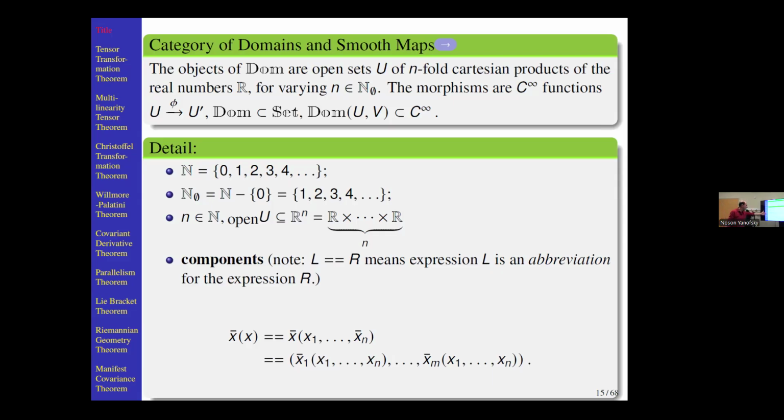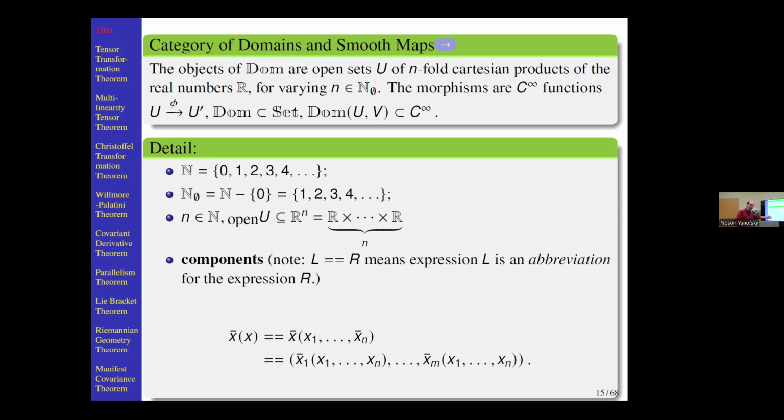This is just telling you about some of the notation that I have found extremely convenient, especially down here, where x bar is an m-dimensional variable based on n variables, the x_i. There should not be a bar over there. I just saw that. Okay, no bar there. It's correct here. And that notation is very convenient because it reduces the cognitive load by not needing to use a name for the function.